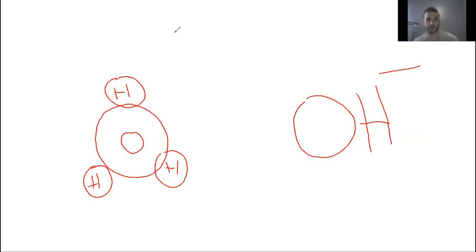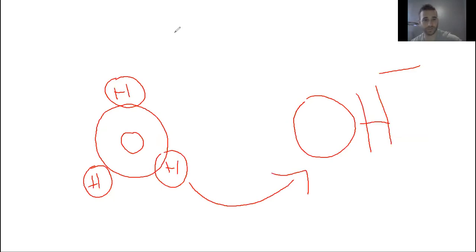When this comes in contact with this, okay, this hydrogen is slightly positive here. It's going to be attracted to the hydroxide, so it's going to go over here, okay? And what this equals is another two H2O molecules.